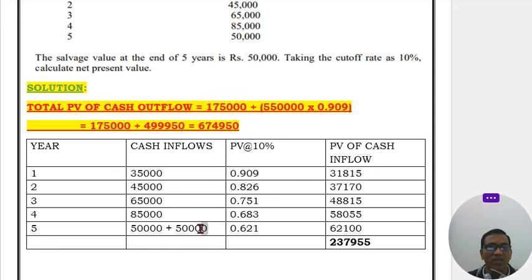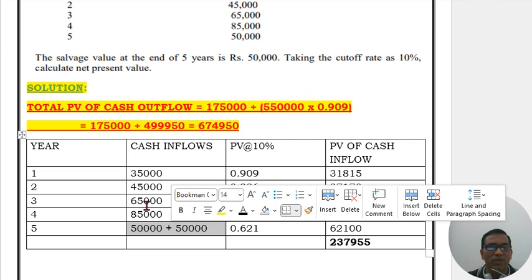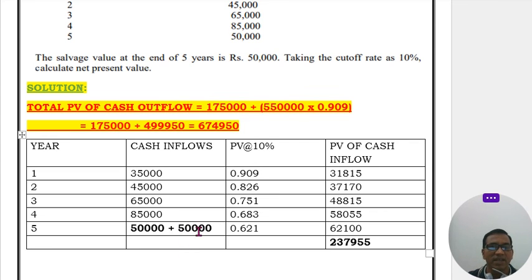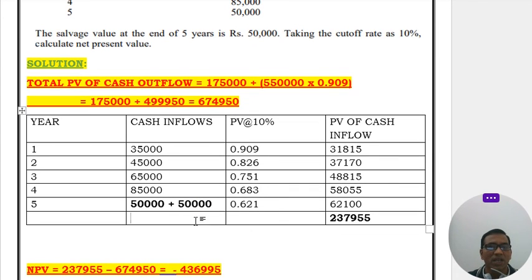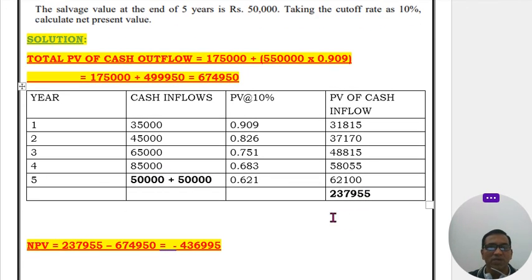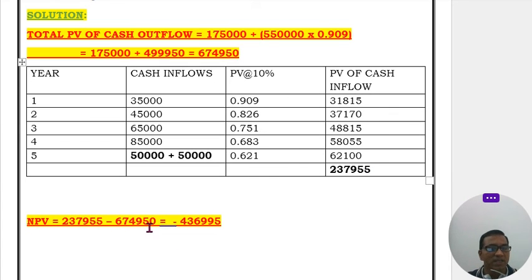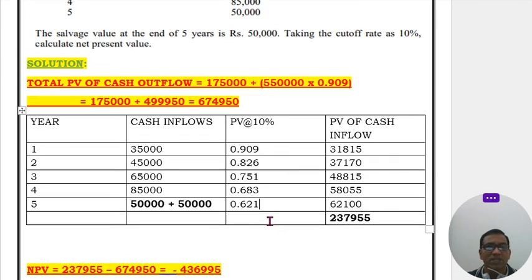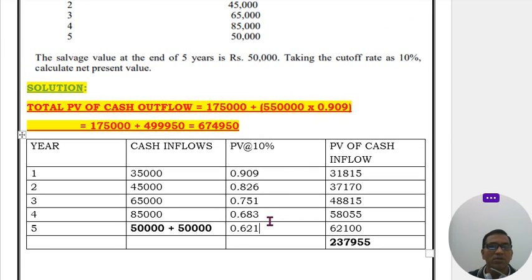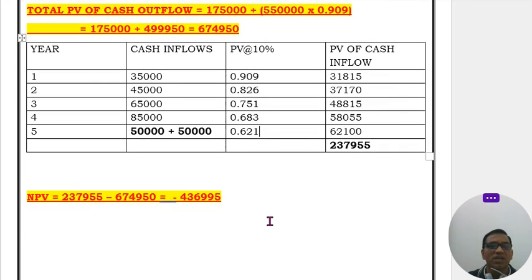Here salvage value is taken as cash inflow in the last year of the life of the project. So that's why I took here 100,000, and if you total the cash flows, I got only 237,955, minus cost of the project, I mean cash outflow, 674,950. So outflow is more, so that's why you got NPV negative. Since the NPV is negative, generally the project should be rejected.